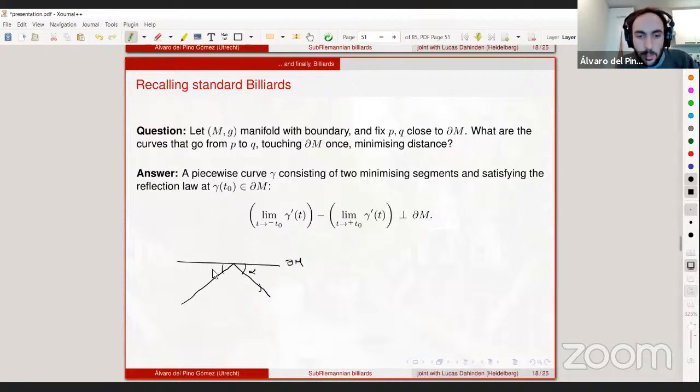In the planar case, these two have to be the same. A way of formalizing this better in the general case is that you take the inward tangent vector and the negative of the outward vector, and their sum should be orthogonal to the boundary. In the planar case, this is exactly the condition with angles.